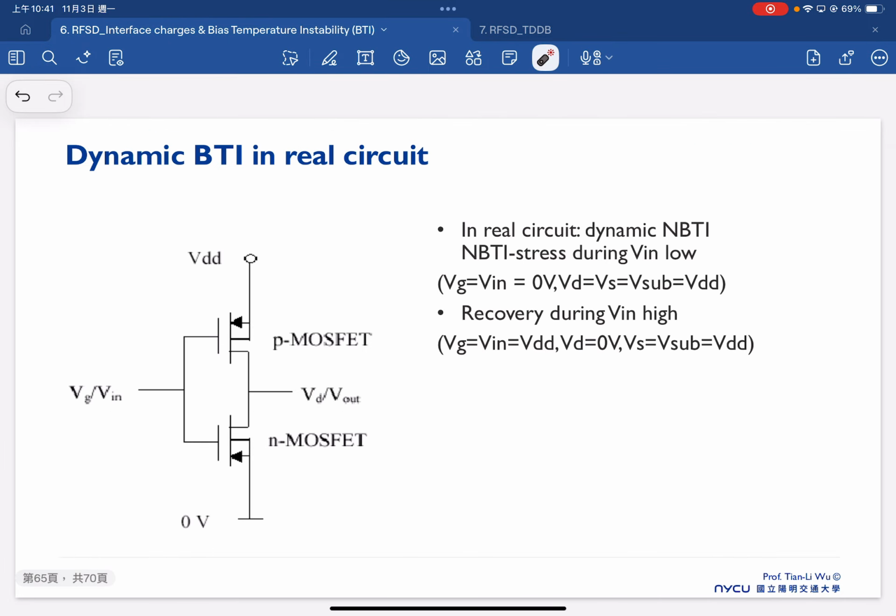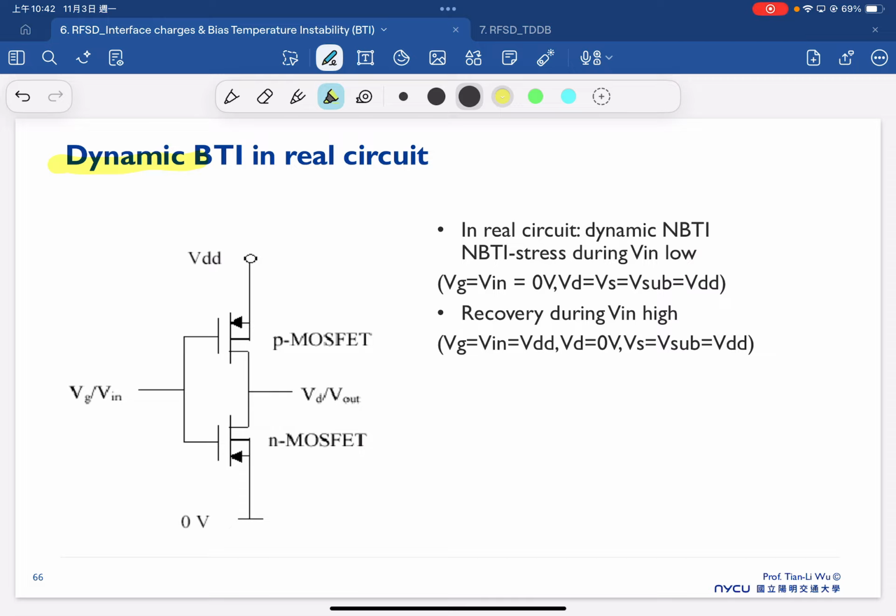And previously, we only mentioned the DC PBTI, which is under constant bias, but in reality, we have to take into account the dynamic effect. So dynamic means that sometimes the NMOS is turned on, sometimes the PMOS is turned on. So therefore, the BTI for the NMOS and PMOS actually does not happen statically all the time. It actually happens dynamically here.